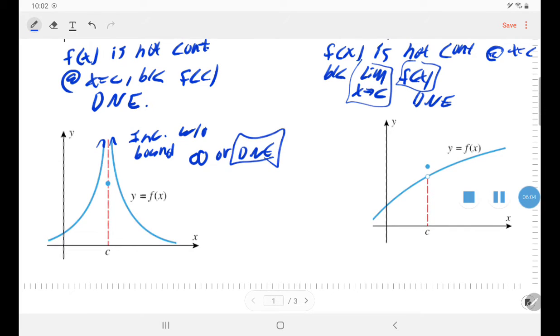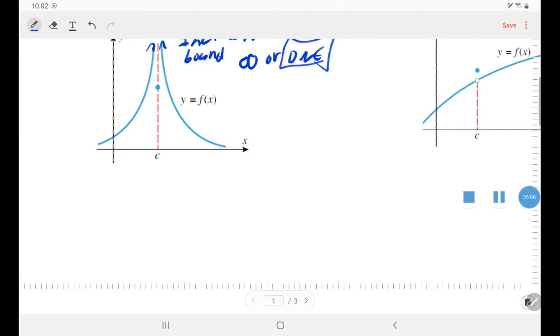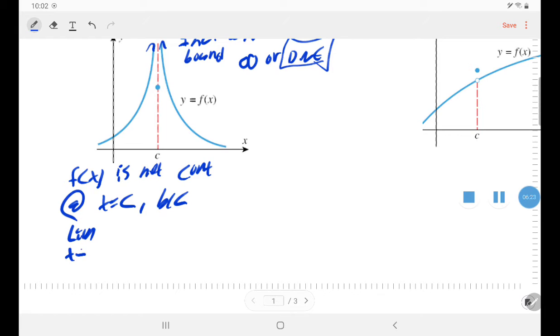I'm on team does not exist, so I would say that f of x is not continuous at x equals c, because the limit as x approaches c of f of x does not exist.